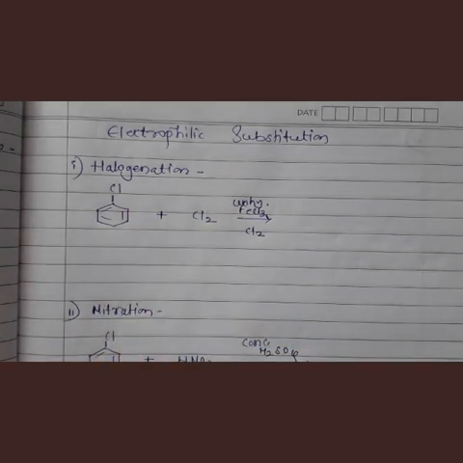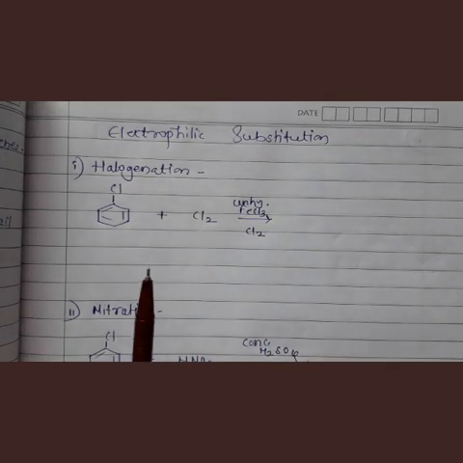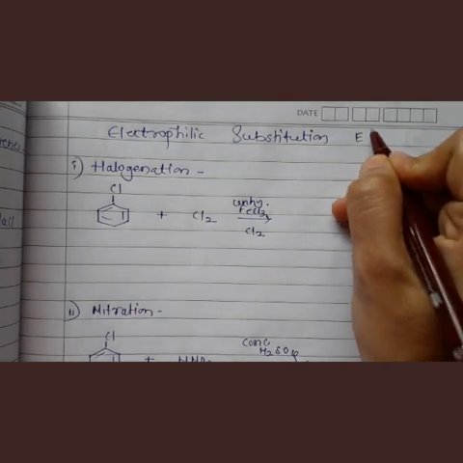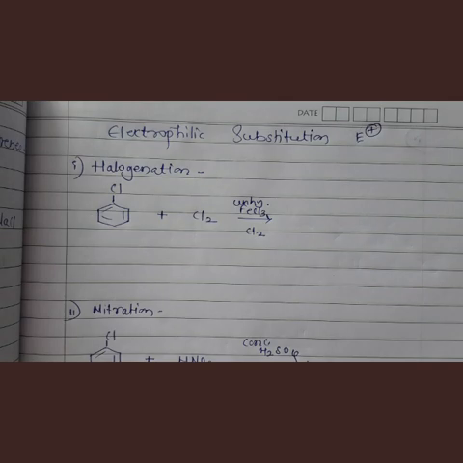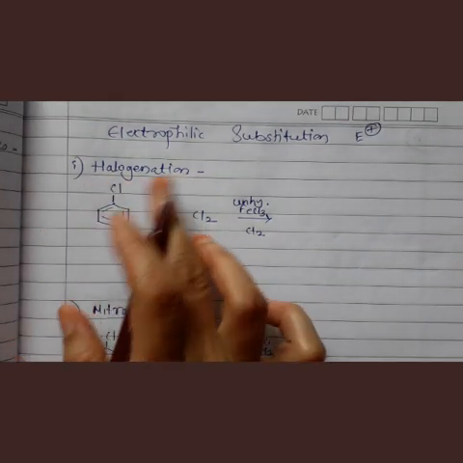Let's see last point now. Electrophilic substitution of haloarenes. We have seen nucleophilic substitution. Now it is electrophilic substitution. Electrophile will attack. Electrophile has positive charge, right? It is denoted by this symbol. Okay. Now see here. First reaction is halogenation.